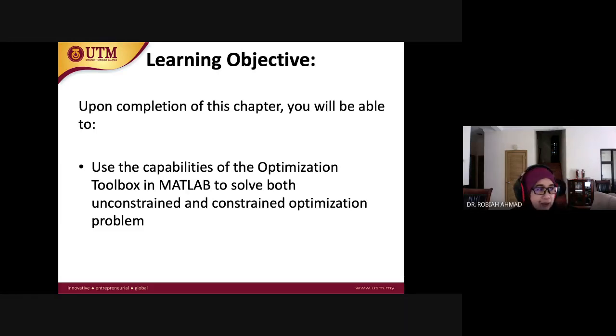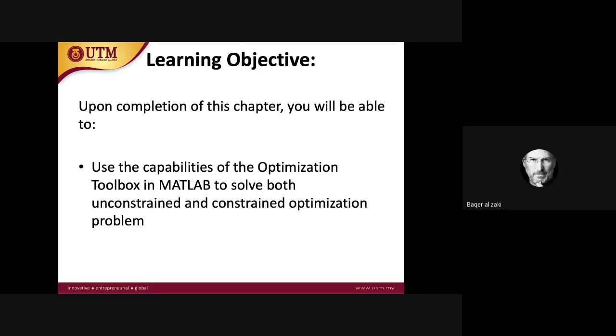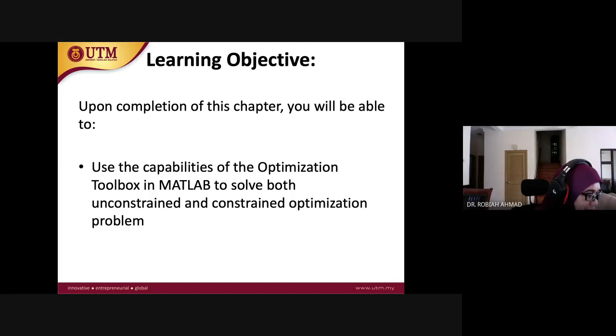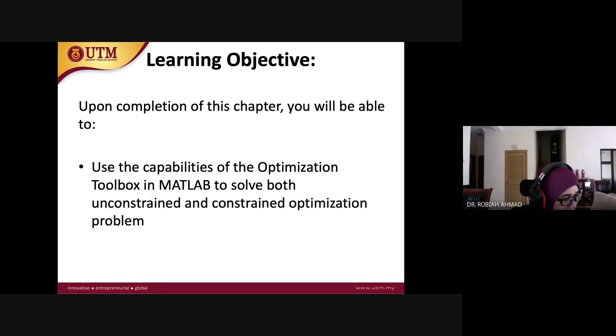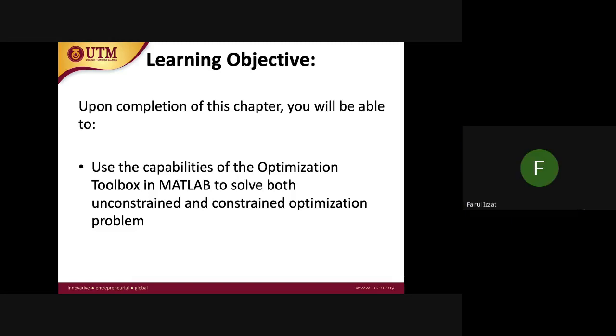So if I can recall what we did, do you still remember what we did for our lecture 1 and lecture 2 class? Can someone recall and share what chapter 1 is all about?